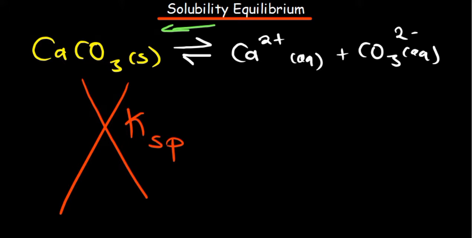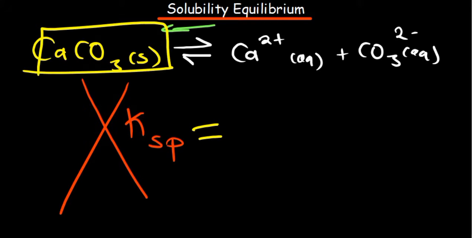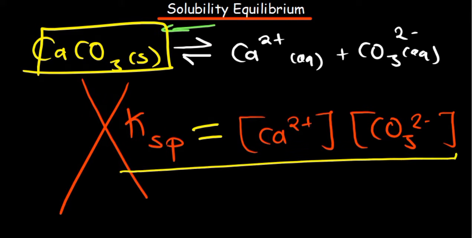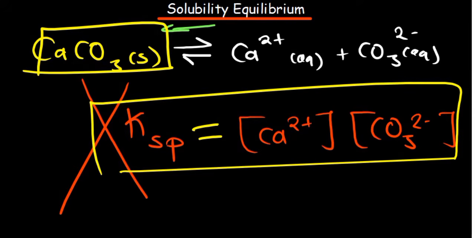Our reactant is a solid, so only the ions on the right-hand side appear in the KSP expression: calcium 2 plus and carbonate 2 minus. We'll see later, with more complex questions, how to simplify this.